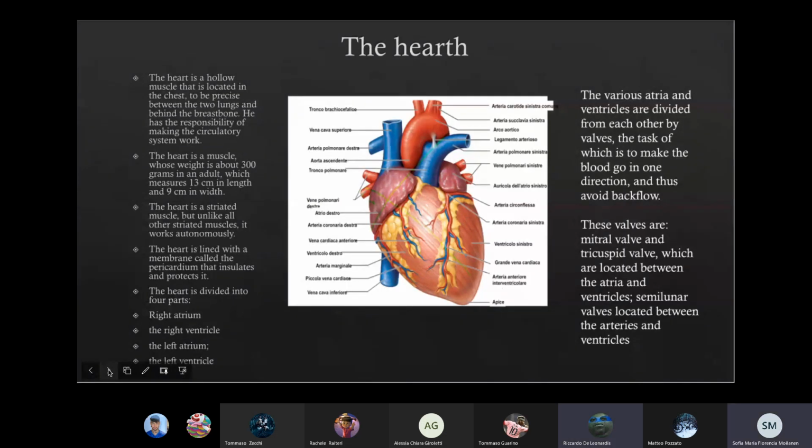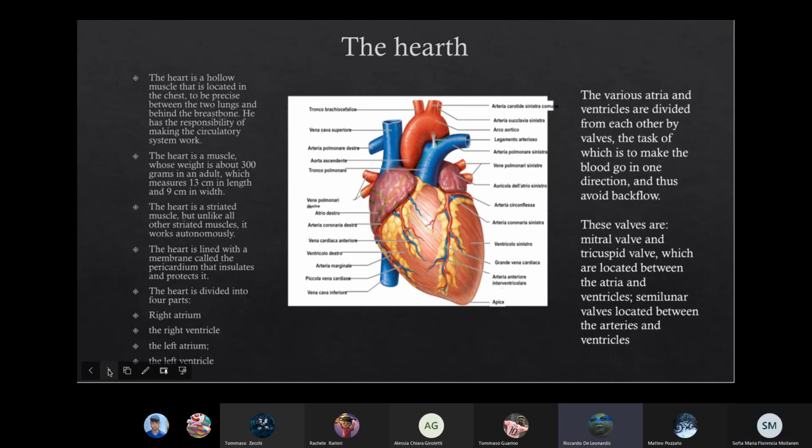The heart is a hollow muscle that is located in the chest, to be precise, between the two lungs and behind the breastbone. It has the responsibility of making the circulatory system work. The heart weighs around 300 grams in an adult and measures 13 centimeters in length and 9 centimeters in width.